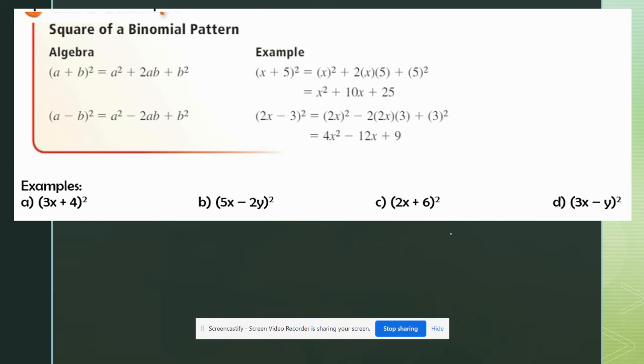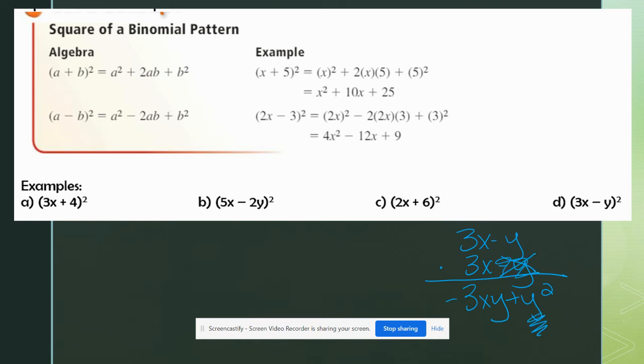If I look at this last example, that's 3x minus y twice. Negative y times negative y is positive y squared. Negative y times positive 3x is negative 3xy. So we're done with that.